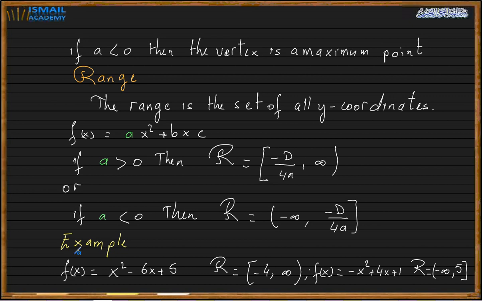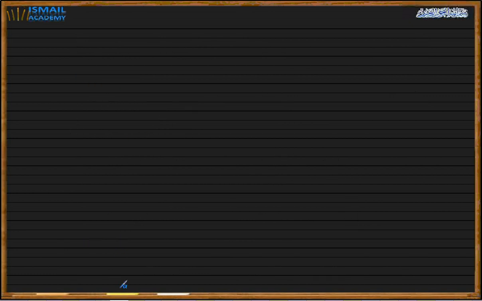The fourth step is the axis of symmetry. What is an axis of symmetry?